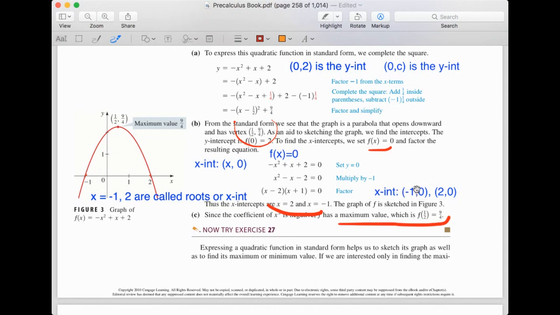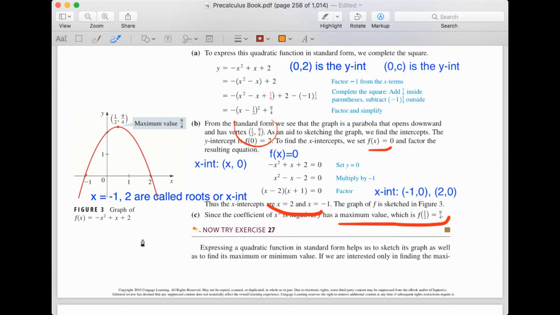So we plug those 2 points on the coordinates. We have negative 1, 0, and 2, 0. We have 4 points here. We connect those 4 points smoothly, because we know it's a downward parabola. So we draw this kind of graph. That's how we graph quadratic functions.